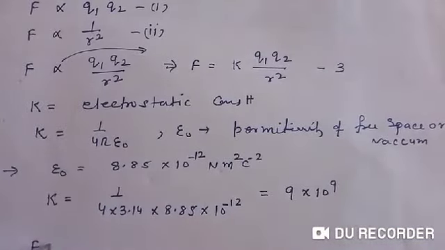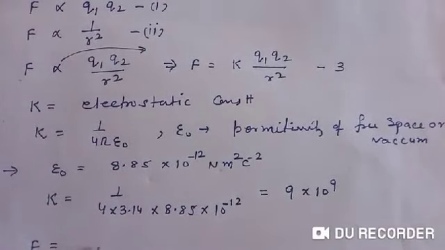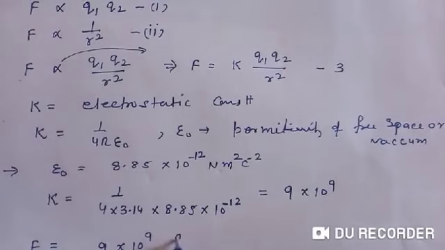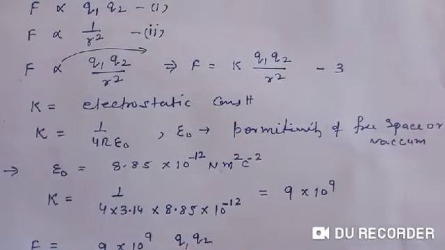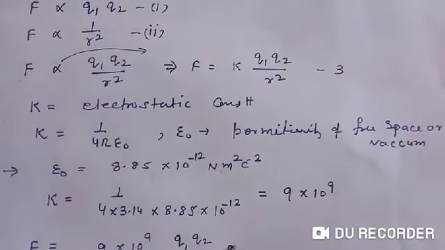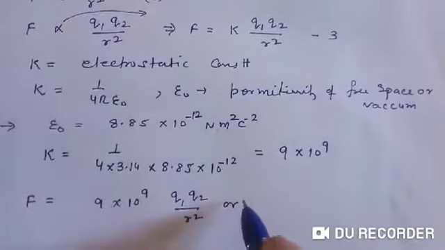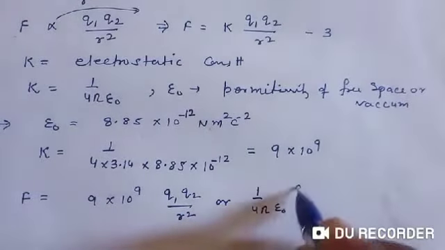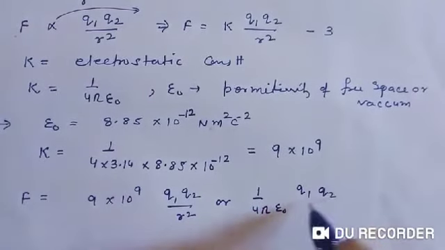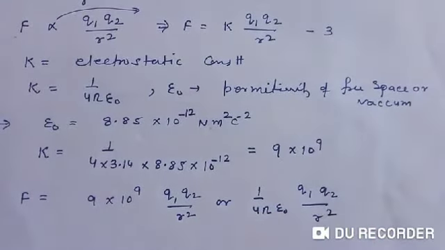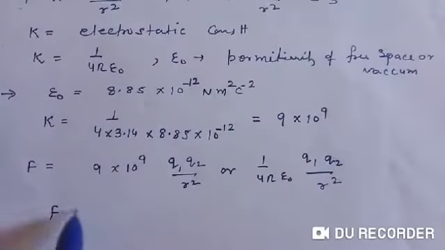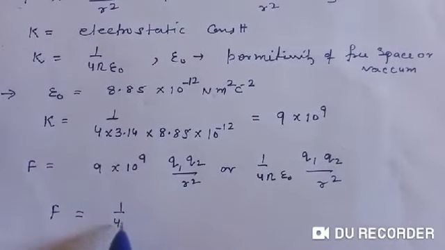So we will get F equal to 9 into 10 raised to power 9 Q1 Q2 upon R square, or 1 upon 4 pi epsilon 0 Q1 Q2 upon R square. In this way we can find the force between the two charges.